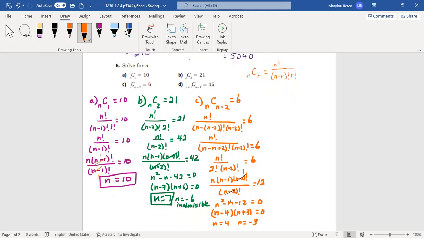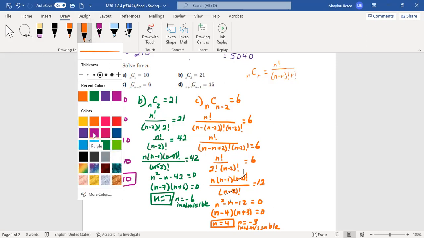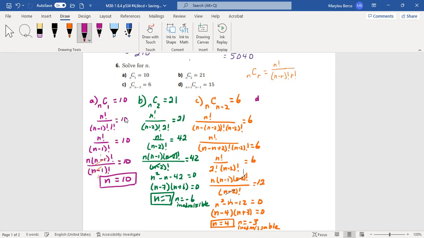And the negative 3 is inadmissible, because we can't have a negative value for n. Okay, so let's take a look at the last one. Hopefully I'm not going over time, but you guys can skip through. We'll take a look at D.